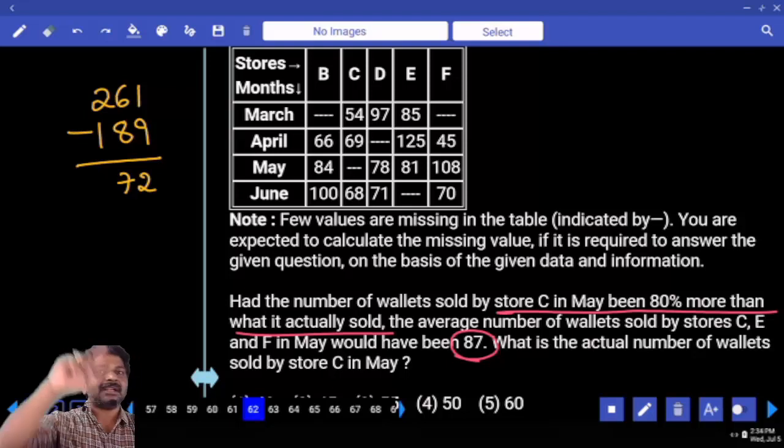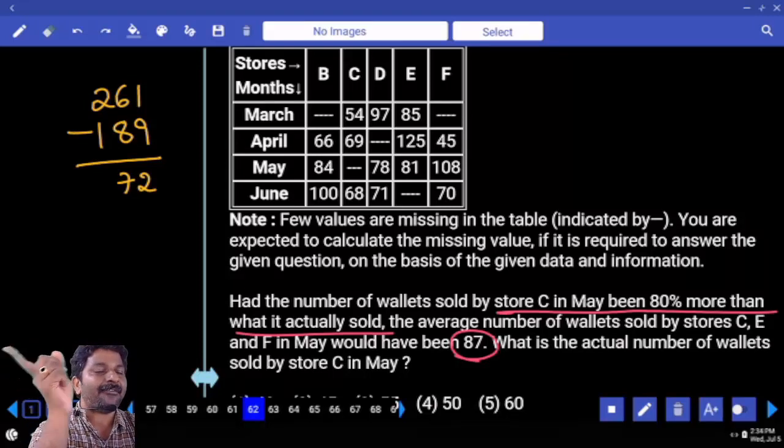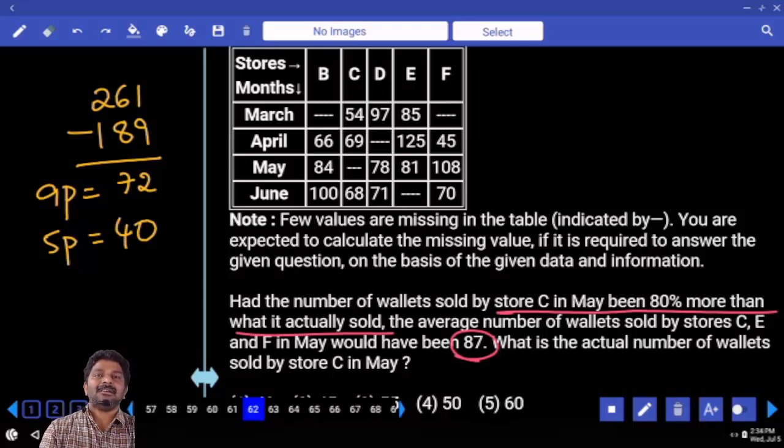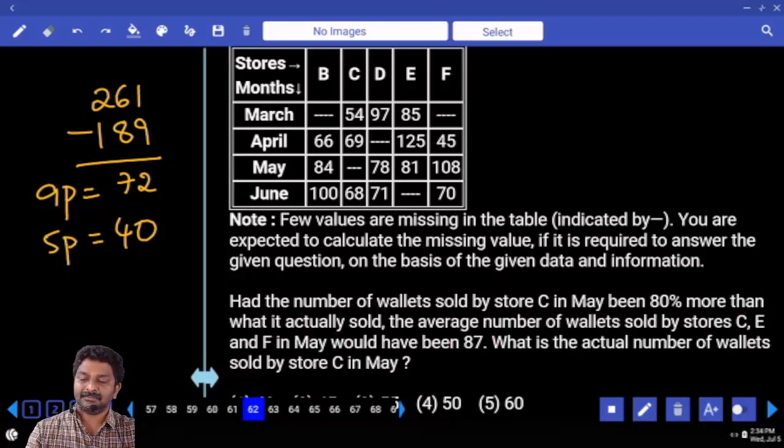If the actual was 100%, after 80% increase it becomes 180%. So original is 100%, after increase, 180%. Can you tell me the ratio? 5:2. That means this is equal to 9 parts only. And original are 5. How many times is 72? 8 times. So original wallets sold are 40.